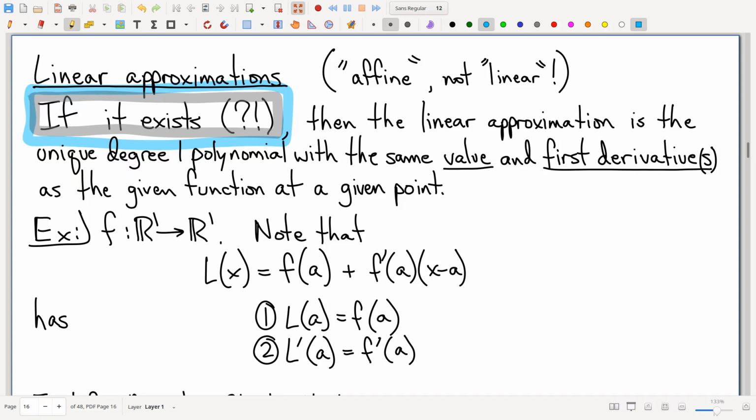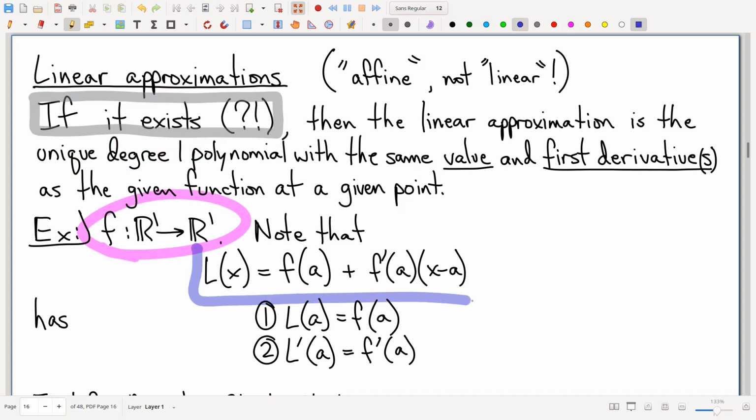All right, so assuming linear approximations exist in single variable calculus, there's the formula. I'm sure you recognize it. Now, what is it that makes that the linear approximation? Well, there's different ways that you could think about it.